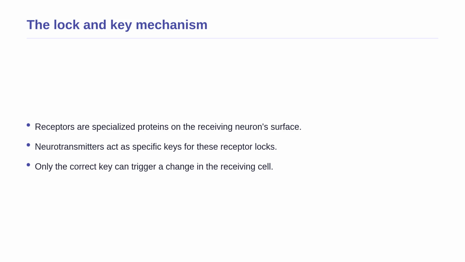Only the right key can fit into the lock to trigger an event. Without these specialized protein molecules embedded in the cell membrane, the chemical message would just float away, and the brain would be completely silent. Broadly speaking, the nervous system uses two main types of these locks to process information, which we will explore next.